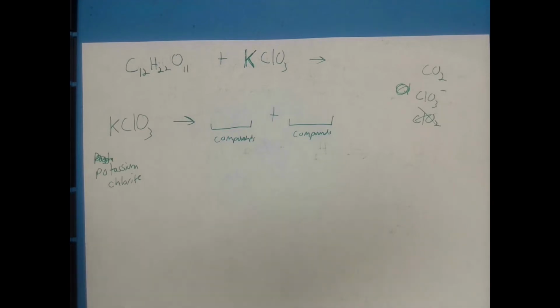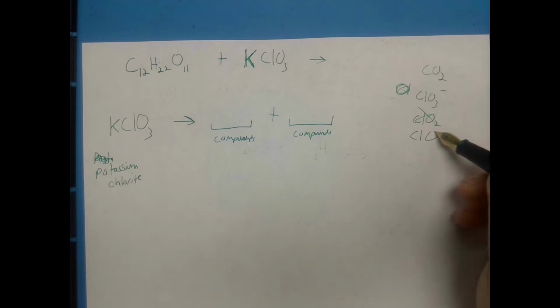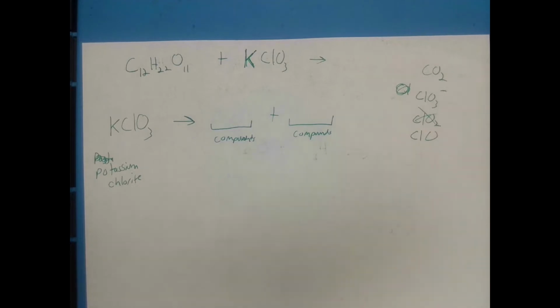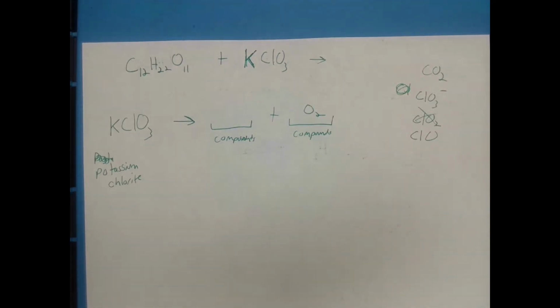They don't really like to stay bonded with each other unless they're bonded to something else. Any combination of Cl and O are usually not going to be compounds. What is something else you are used to? What's a molecule you are used to that has chlorine and oxygen? Just oxygen. O2.